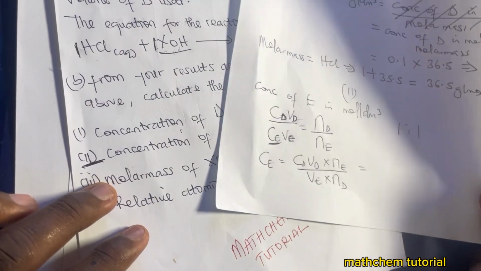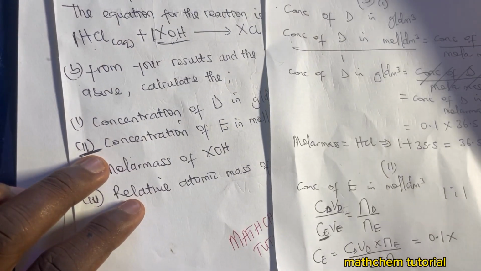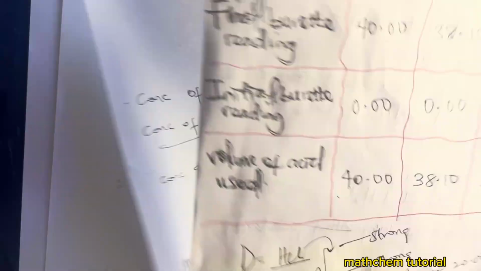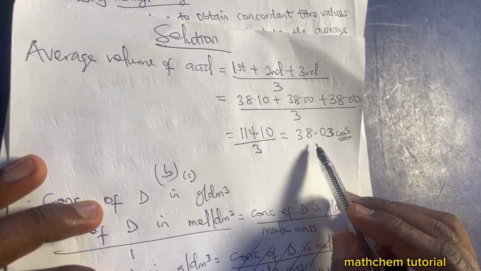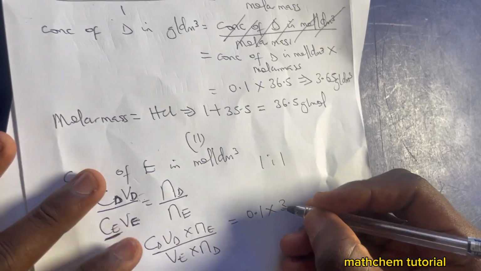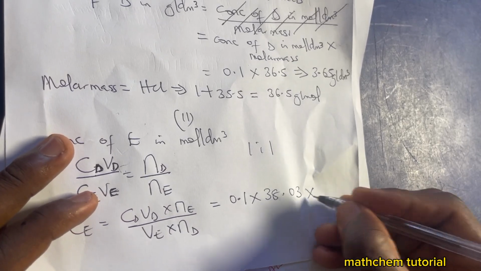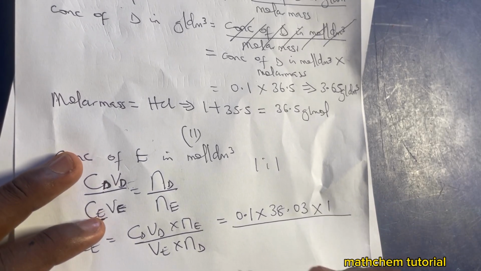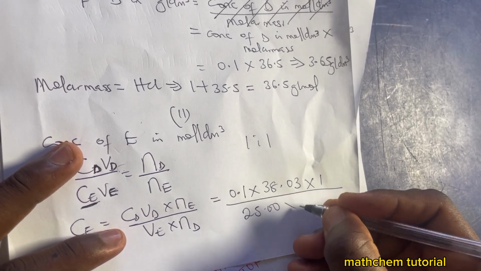So my CD is now 0.1, times VD, that's the volume of the acid. My volume of the acid from this is 38.03, multiplied by NE, which is 1, all over my VE, the volume of the base, that's 25.00, times 1.